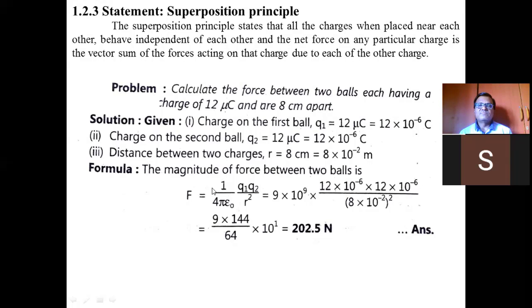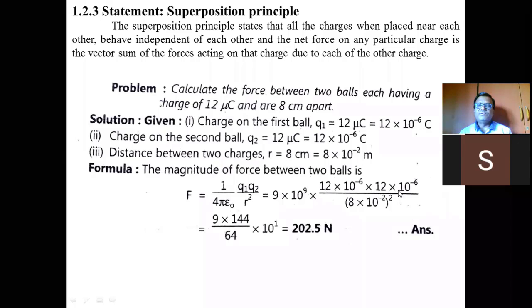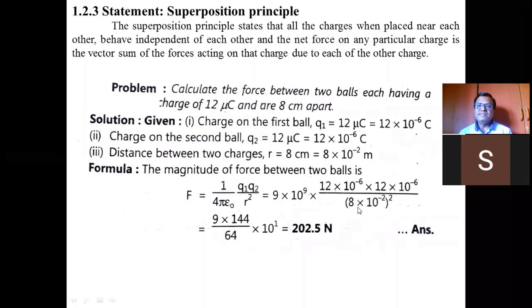By using Coulomb's law, F is equal to 1 upon 4 pi epsilon 0 Q1 Q2 upon R square. And we have calculated the value of 1 upon 4 pi epsilon 0, that is 9 into 10 raised to 9. By putting this value, 9 into 10 raised to 9 multiplied by Q1, that is 12 into 10 raised to minus 6, into Q2, that is 12 into 10 raised to minus 6, divided by R square, that is 8 into 10 raised to minus 2 bracket square.